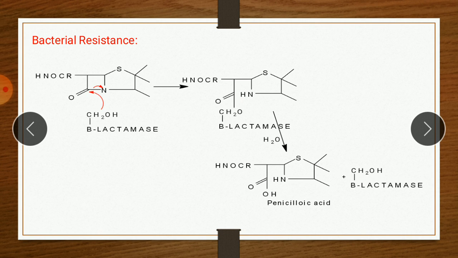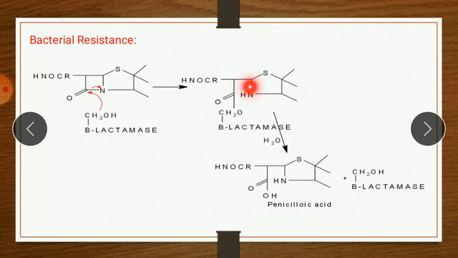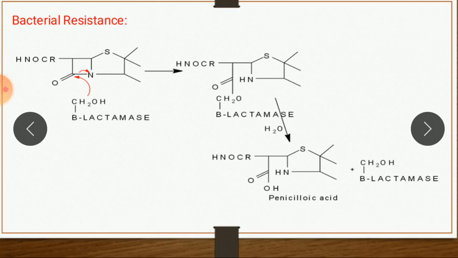So in this way the beta-lactamase enzyme attacks the beta-lactam ring. Then there is a removal of the enzyme. So here there is a breakage, a water molecule is added, OH added on the upper side and hydrogen added toward the enzyme side. So this bond breaks, the water molecule is added, then it forms penicilloic acid, and again the enzyme is free for further attack.